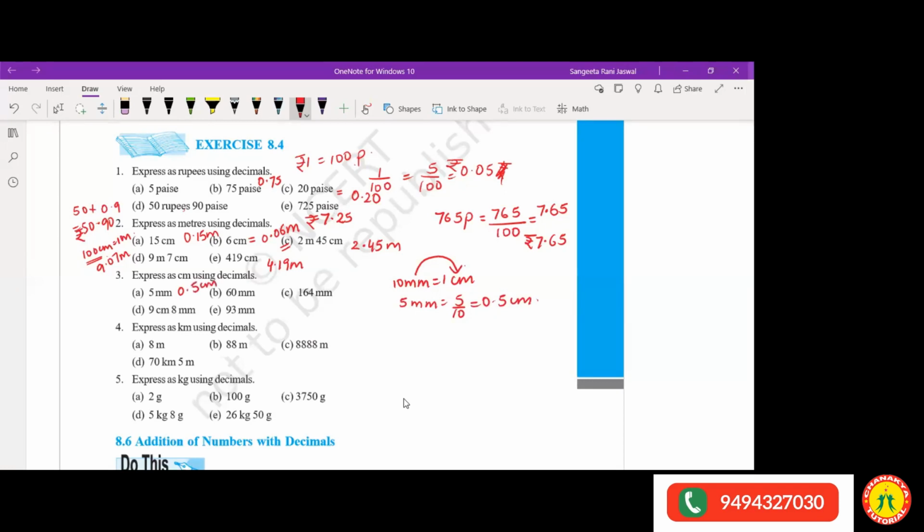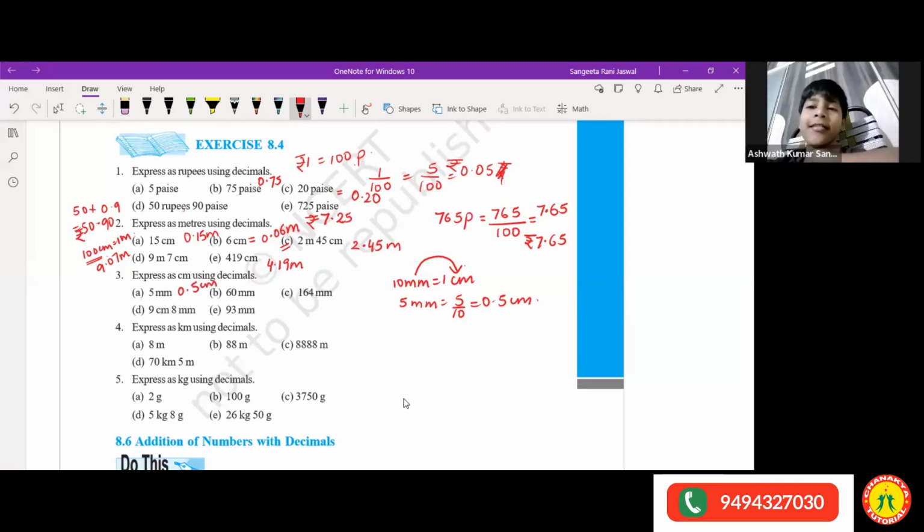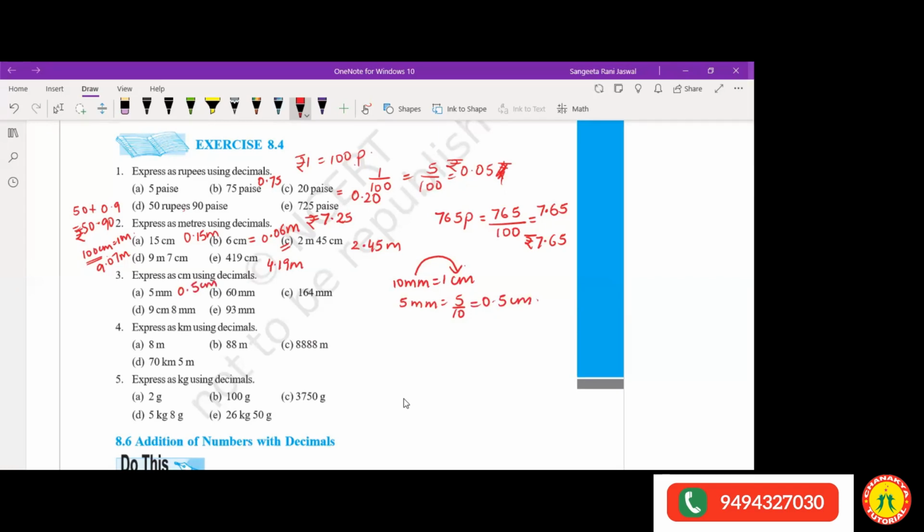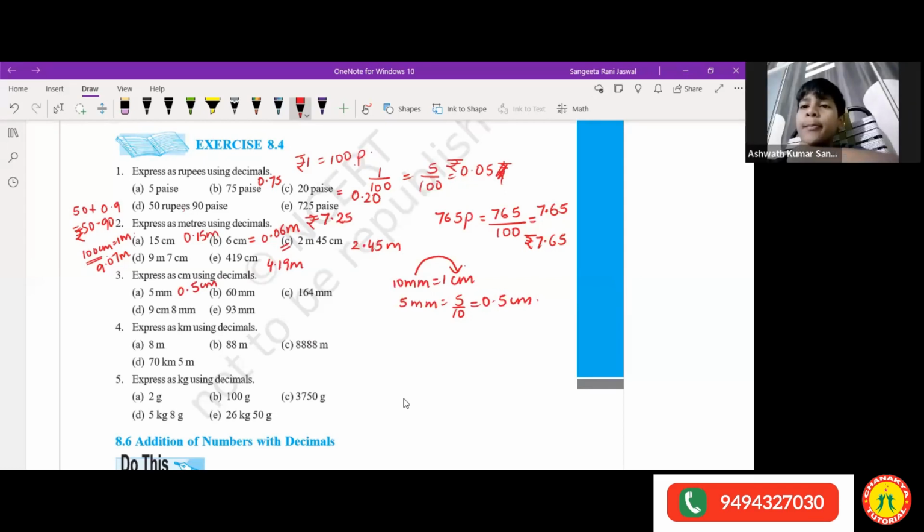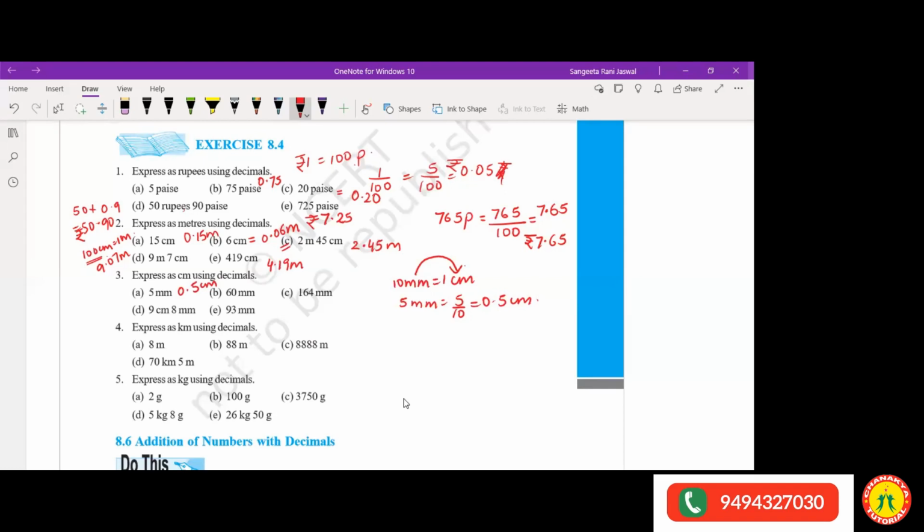0.5 centimeters. Very good, Ashwath. Ashwath, tell me for this 60 millimeters. 6.0 centimeters. Very good.